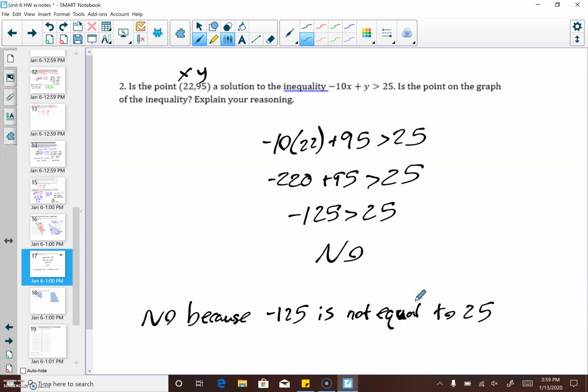If it were to fall on the graph, that would mean that you would have the same number. You'd have 25 is greater than 25. Now, although that's not a true statement, it would still lie on the actual graph. But because we have a false statement and the numbers aren't equal, then that inequality is not going to hold true.